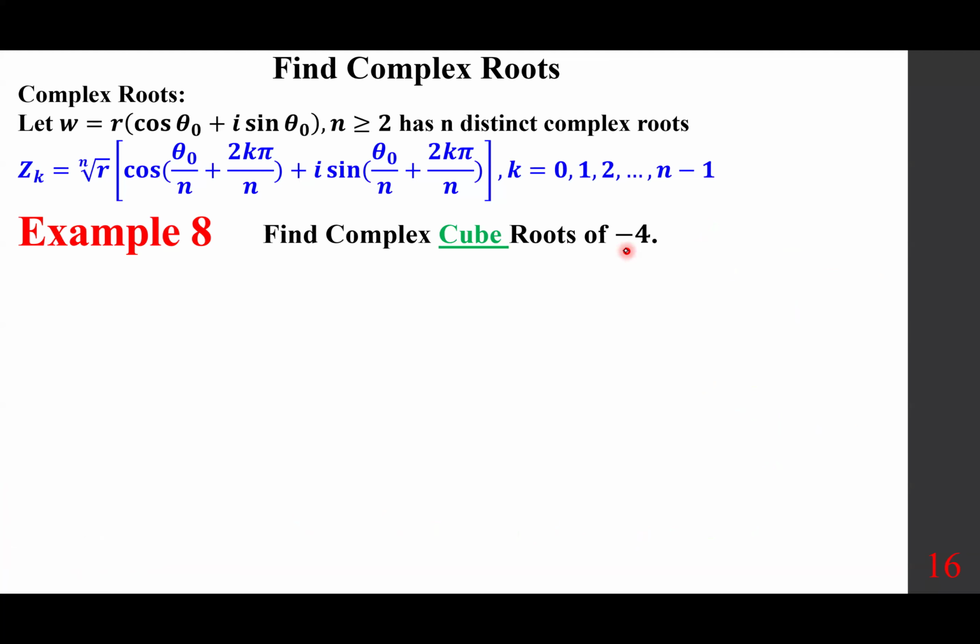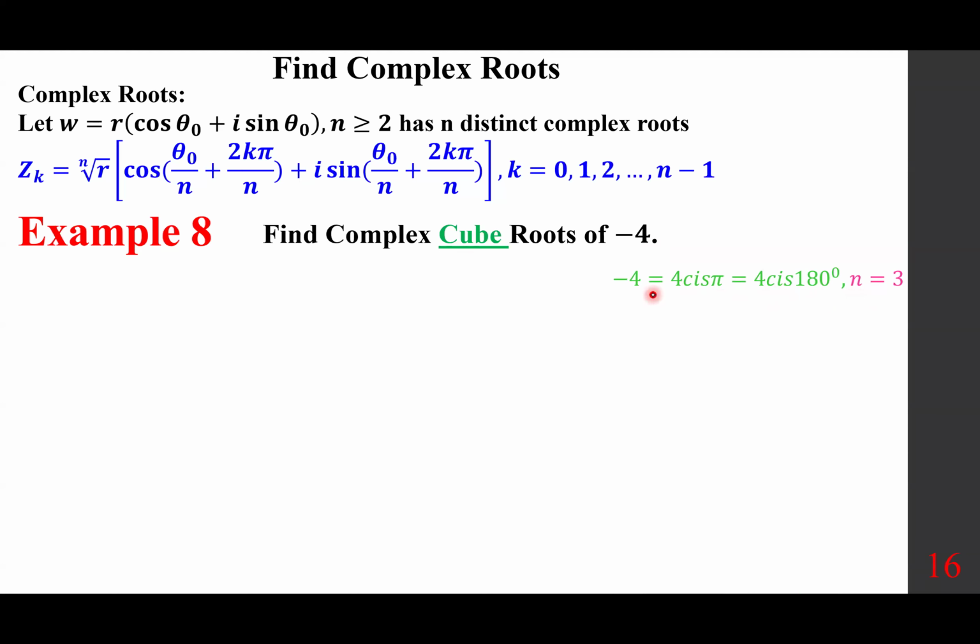Some of you may recognize that when the angle is 0 degrees, you really get a positive, and when it's pi, you get negative. So minus 4 is 4 cis pi. Please understand, r must be positive. So 4 cis pi or 180 degrees. You can use either one. I'm going to discuss it both ways ultimately, but let's go with degrees. It's a tad easier. And n equals 3 because we want the cube root.